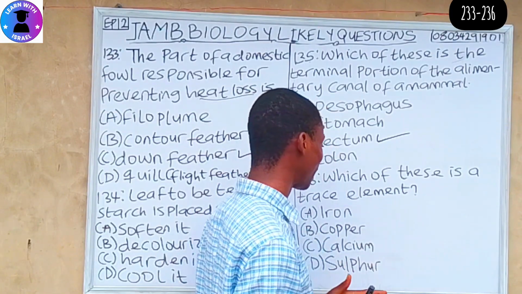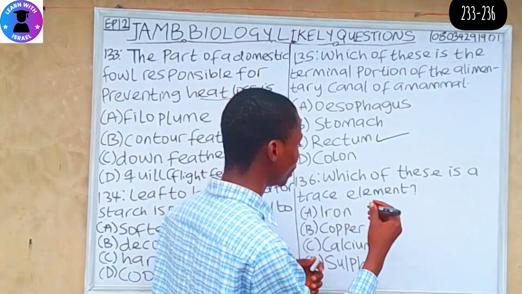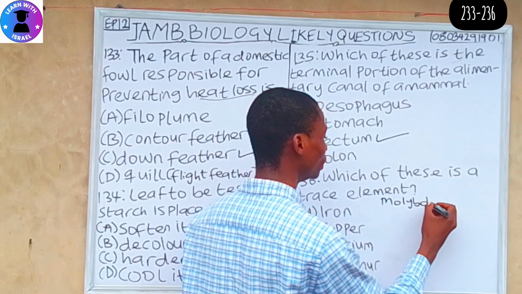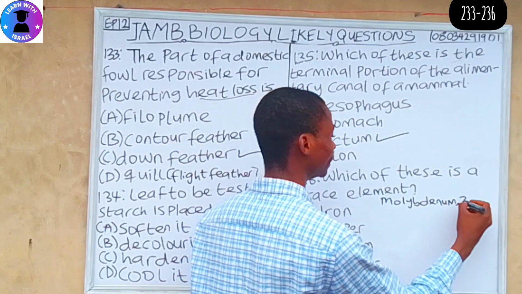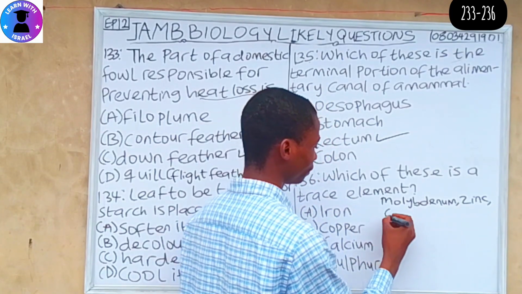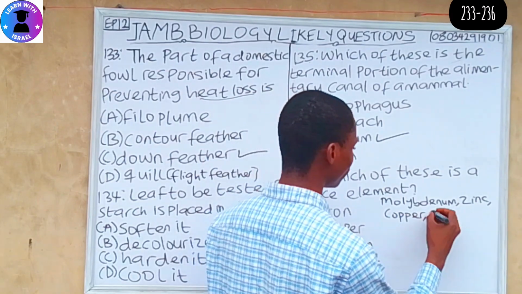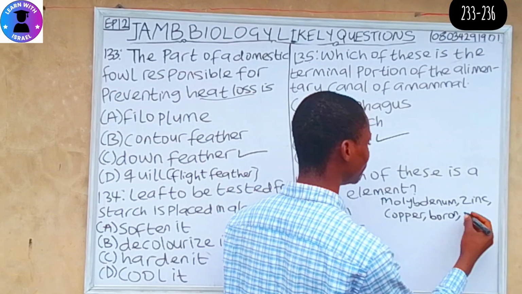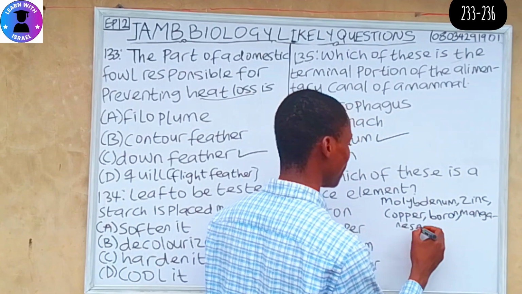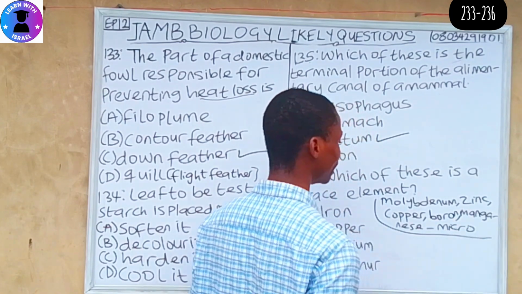So guys, let me list out the trace elements, which are also known as minor elements. For minor elements, we have molybdenum, zinc, copper, boron, and manganese. This is for micro, which is also known as trace element.